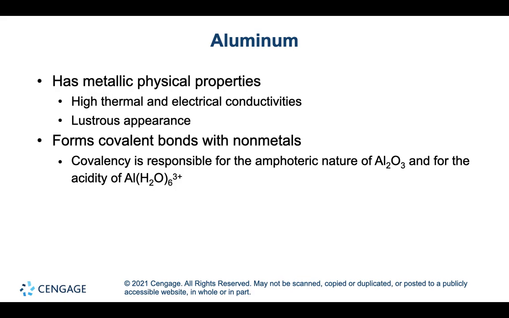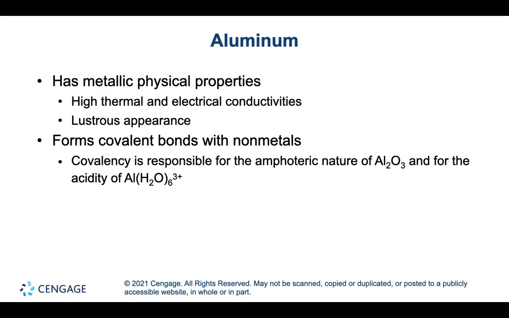Aluminum, we typically say aluminum's a metal. It's right there on the border between metals and nonmetals, but it's definitely a metal. It's got a high ability to conduct heat and electricity. It's very shiny. It's got a lustrous appearance, although it will form some covalent bonds with nonmetals. We see that for aluminum oxide, and aluminum oxide can react with acids or bases.